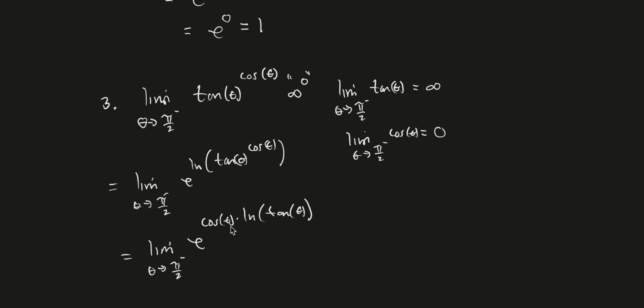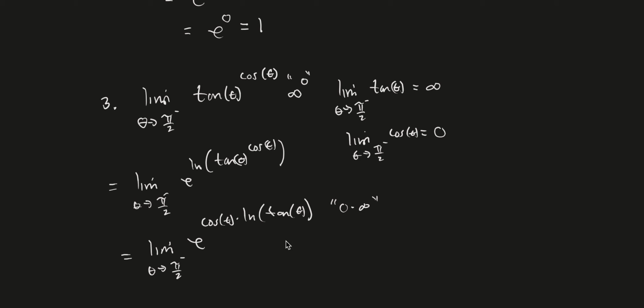And what happens now is we have 0 times infinity, because the tangent goes off to infinity, and as the tangent goes off to infinity, the natural log will go off to infinity as well. So this form is now converted into 0 times infinity.